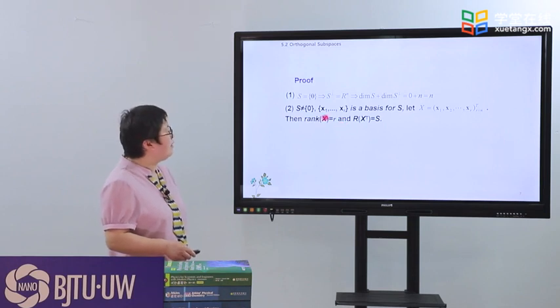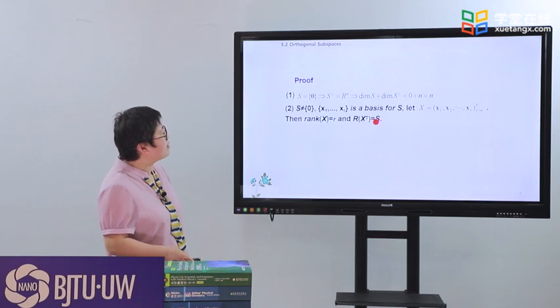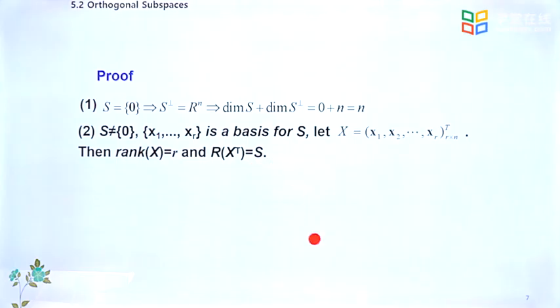And we also know that the range of X transpose just equals S, because if you consider X transpose, then you have these r column vectors, right? And these r column vectors form a basis for the column space of X transpose, which is the range of X transpose, and it is also S because it contains all the linear combinations of these basis vectors.